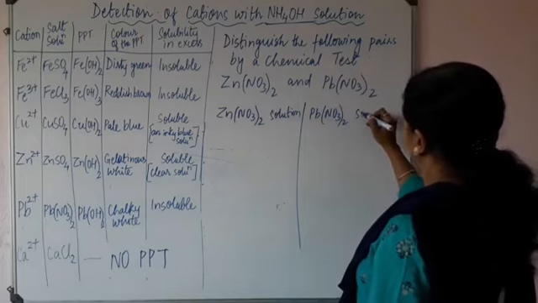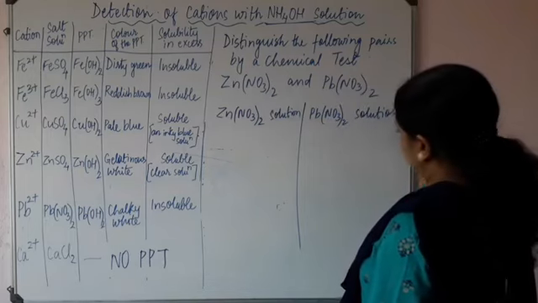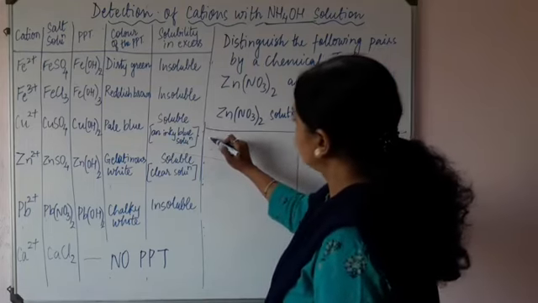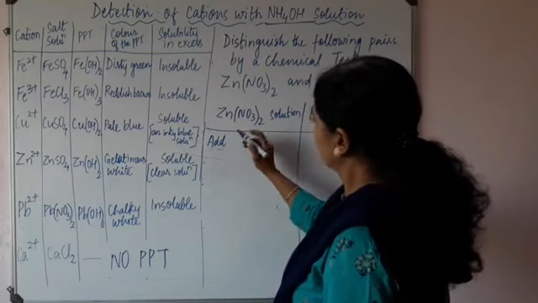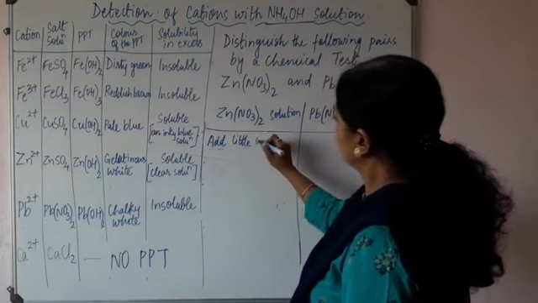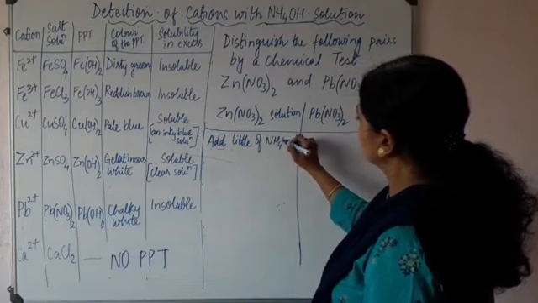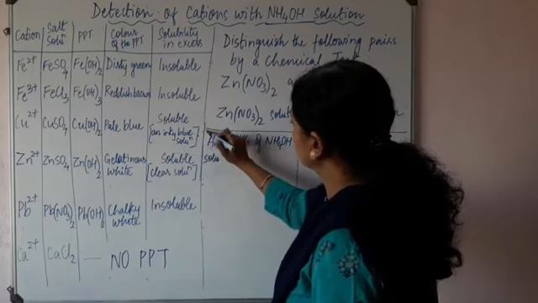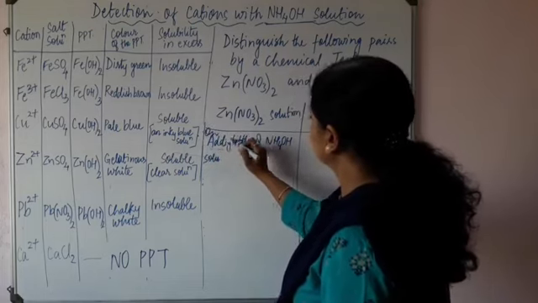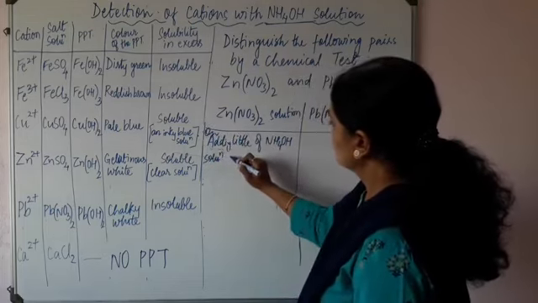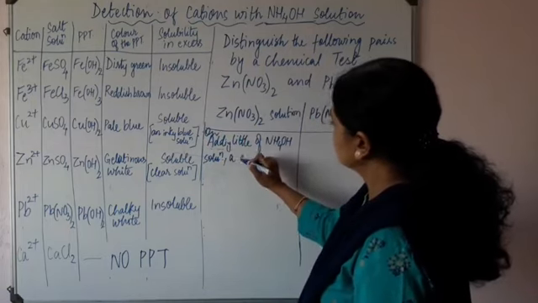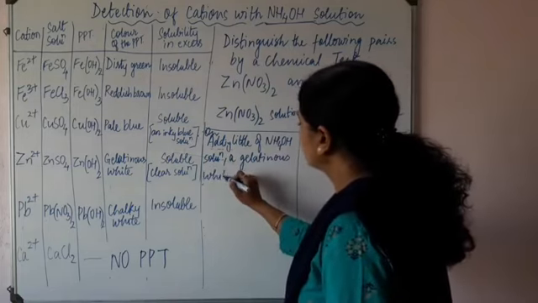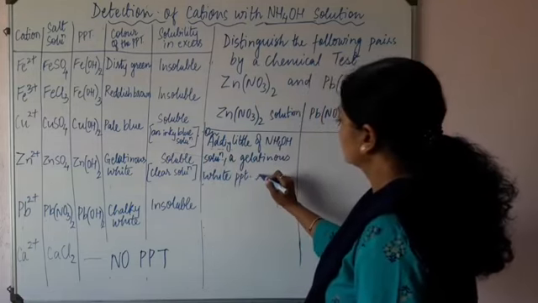If this answer we have to write, then we will say add a little of NH4OH solution, and on adding a little of NH4OH solution, a gelatinous white precipitate is formed.